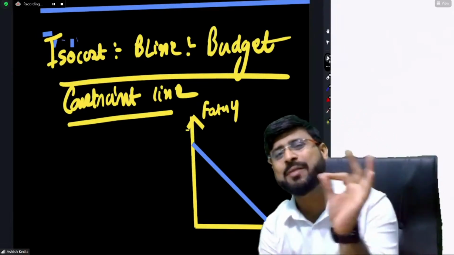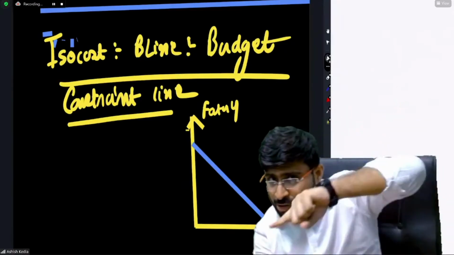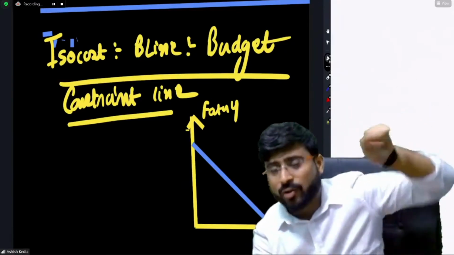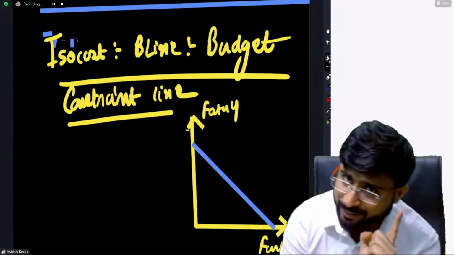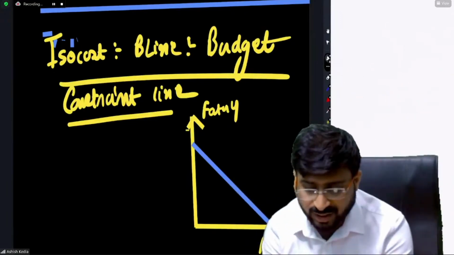Similarly, producers have a budget for production, yes or no, everyone? The line which showed consumers' budget for consumption was the budget line. The line which shows producers' budget for production is the isocost line.